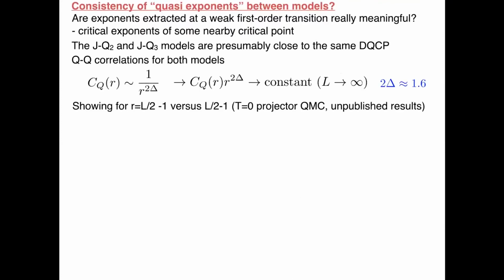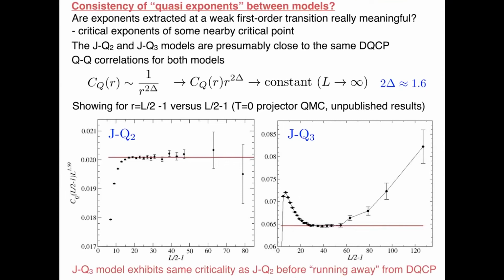So for Q6, we see nothing like this. And to be honest, with Q4 we didn't try, but since Q3 already only has a small range, and Q4 was very clearly first order, I think JQ2 and JQ3 are the models where we can see this, and of course JQ2 is better than JQ3.